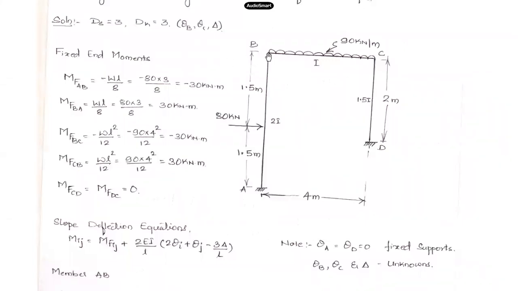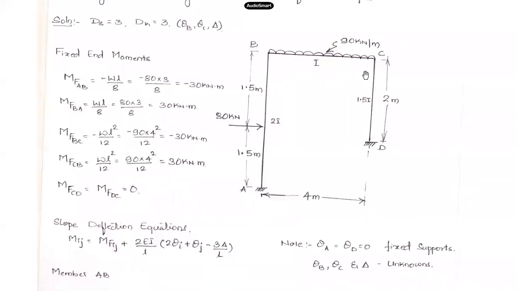And coming to member BC, there is a UDL present on the entire span of this member BC, which is 4 meters. The intensity of UDL is 90 kilonewton per meter. In such a case, the fixed end moment is given by WL square by 12. What about the directions? At joint B it will be anti-clockwise, at joint C it will be in clockwise direction.